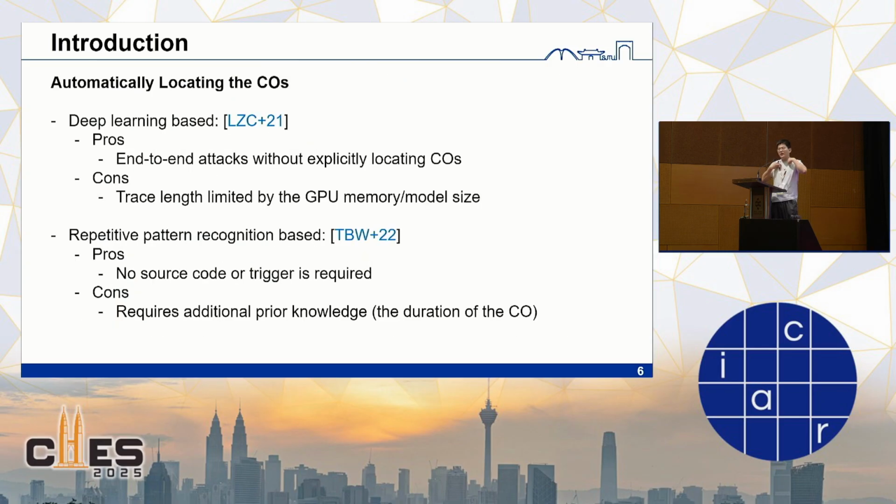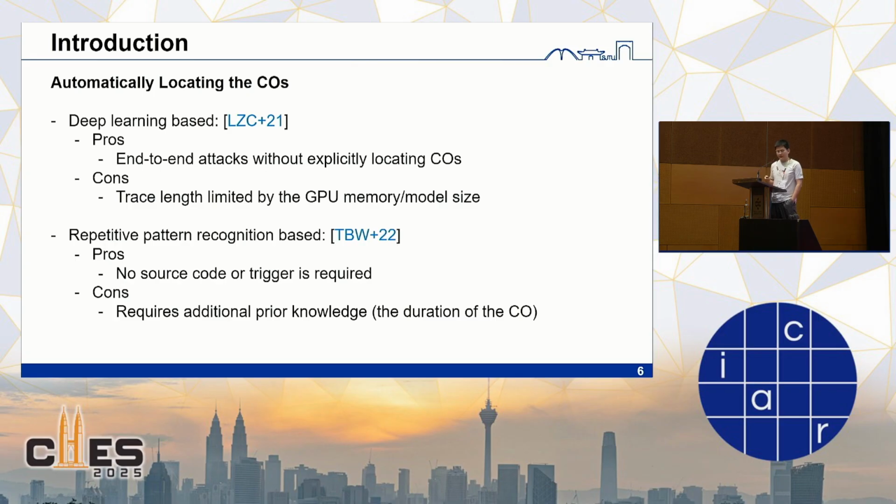And there are actually already some research works that directly or indirectly support automatically locating the COs. For example, I assume you know the deep learning-based end-to-end side channel attacks. They don't require you to explicitly locate the COs, but only require you to make sure the COs are located within your input trace for the model.